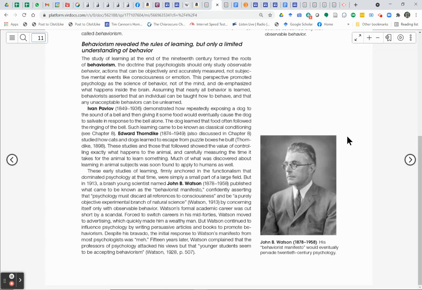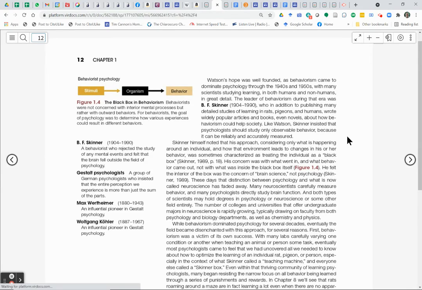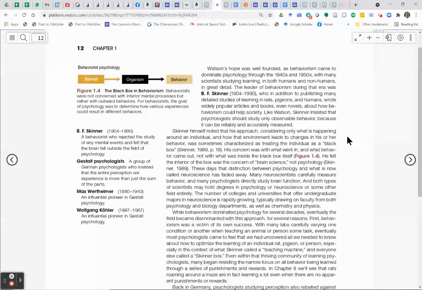And there's Watson. He was a natty dresser. He also smoked. Everybody smoked. He's a big name, no doubt about it. And Skinner followed in his tradition. And Skinner also did not want theories in his life.